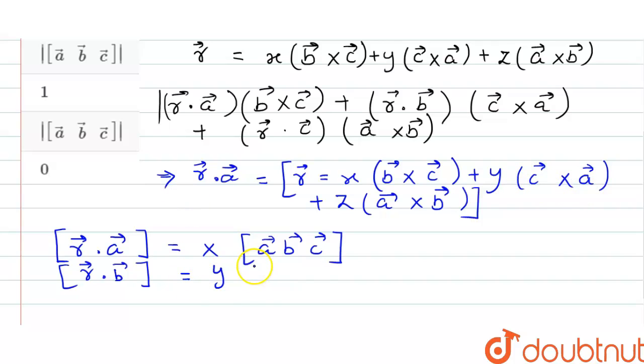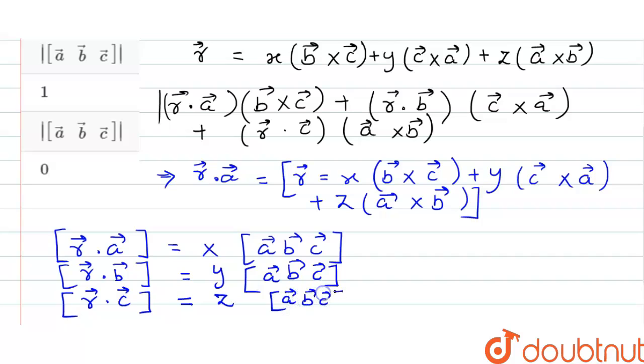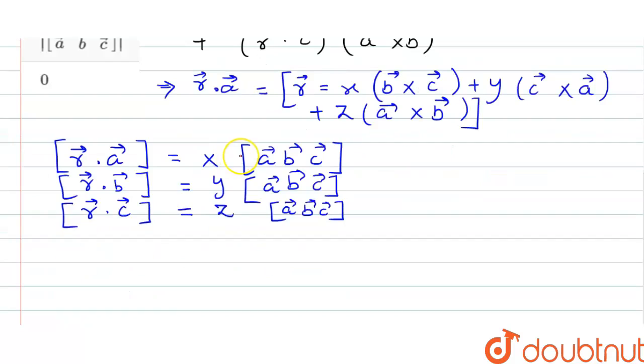Similarly, we get A vector, B vector, C vector. Then the last term will be R dot C vector, which is equal to Z of A vector, B vector, C vector. Now from this we can solve the question.